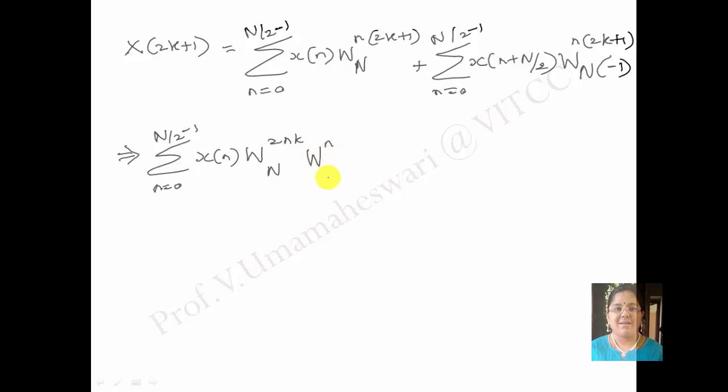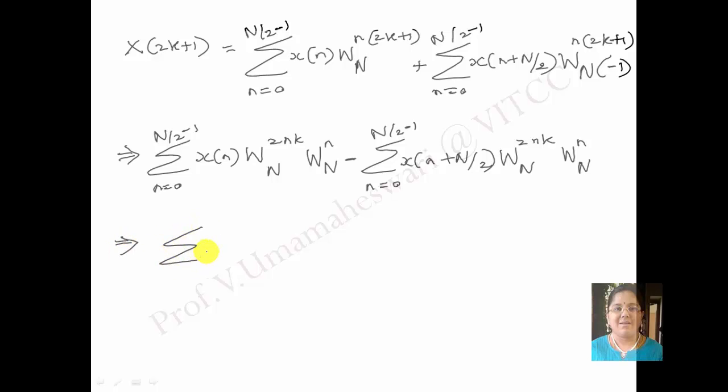W n to the base n minus n equals 0 to n by 2 minus 1, x of n plus n by 2, into w 2nk to the base n, w n to the base n. That's it, right? Okay. So as usual, w 2nk to the base n will become w nk to the base n by 2.